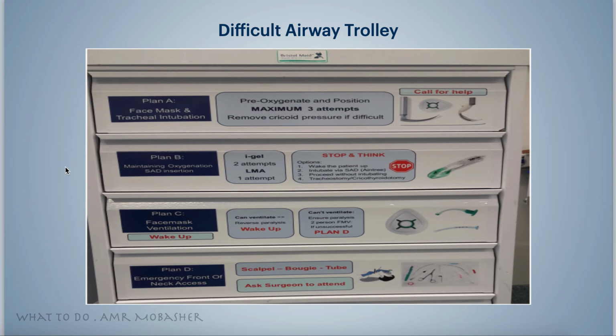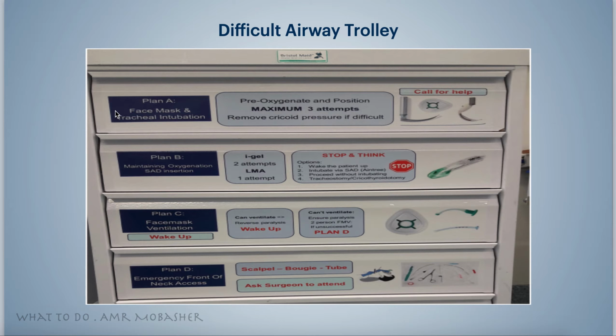In very well organized ICUs, you can find the difficult airway trolley. Very nice trolley with 4 drawers, and each drawer matches very well with the difficult airway guideline.